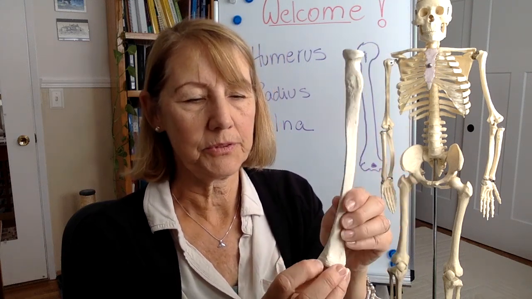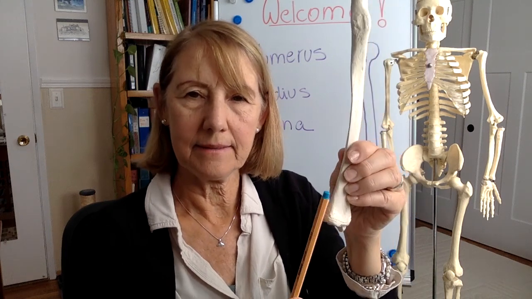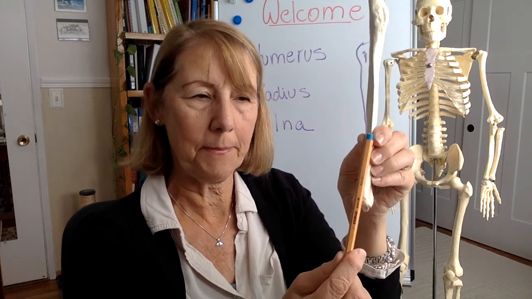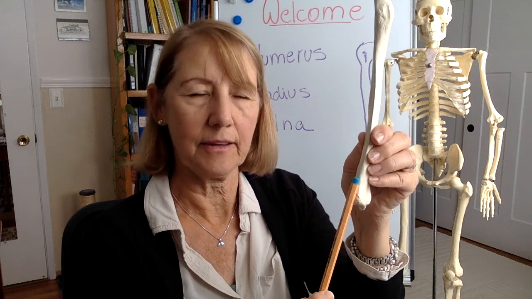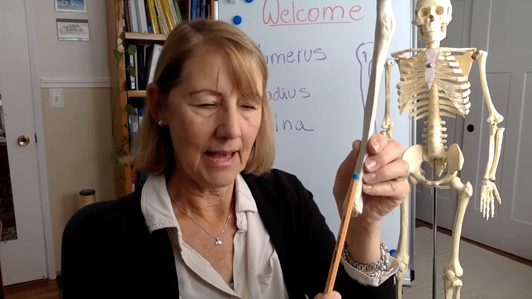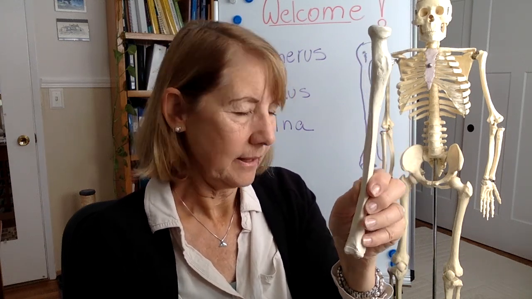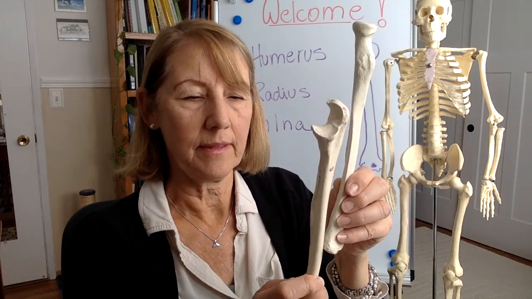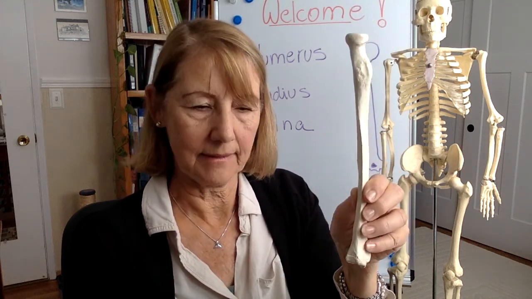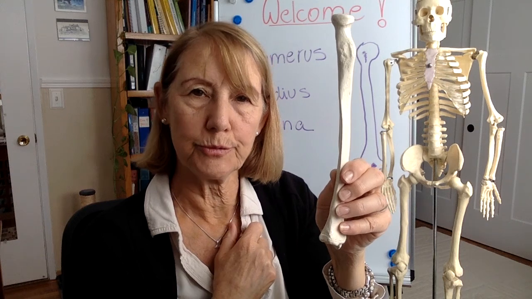And the other important structure here is that there's an indentation here that fits my pen or my finger very nicely, and that is going to be the region where the other bone rubs up against it. It sort of fits in that groove, where the ulna fits.